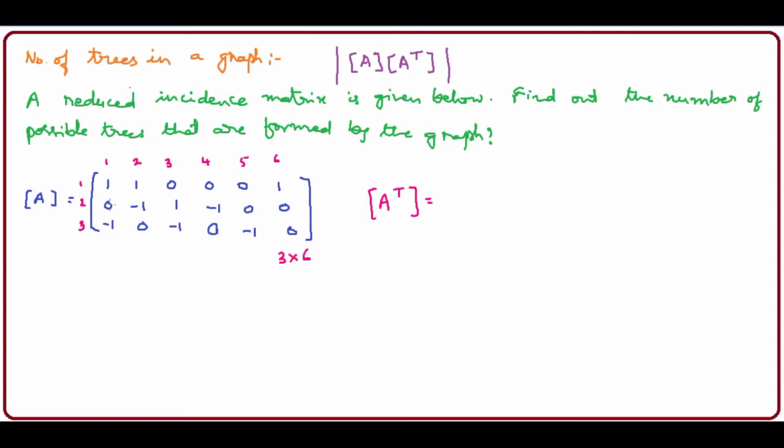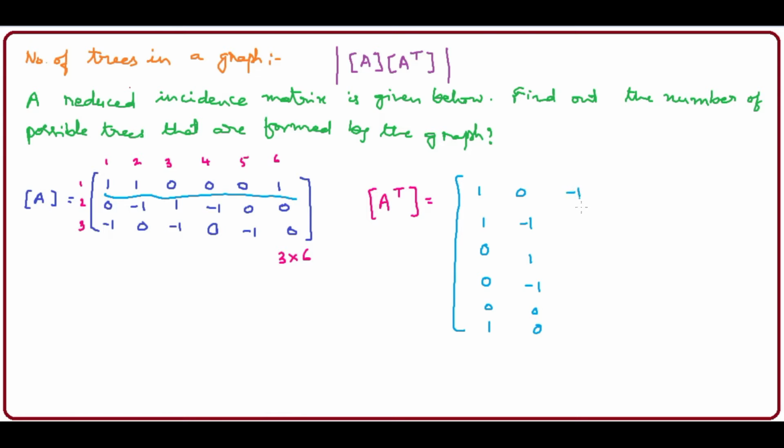So let us see how A transpose will be. We need to convert rows into columns. So this is my column, and I want to convert this column into a row. That is 1, 1, 0, 0, 0 and 1. Next 0, minus 1, 1, minus 1, 0, 0.